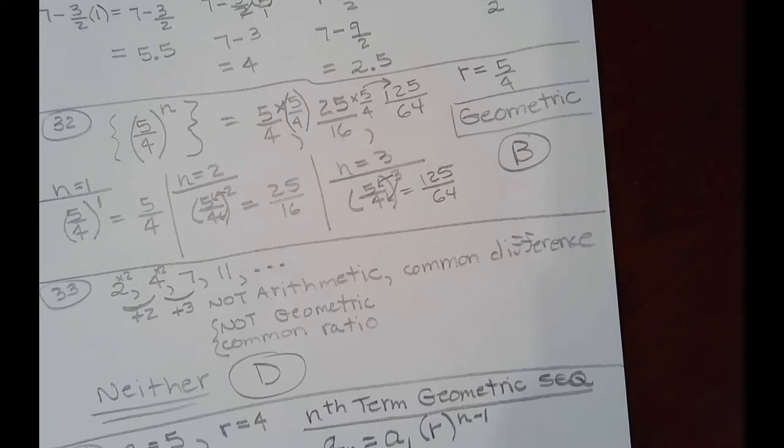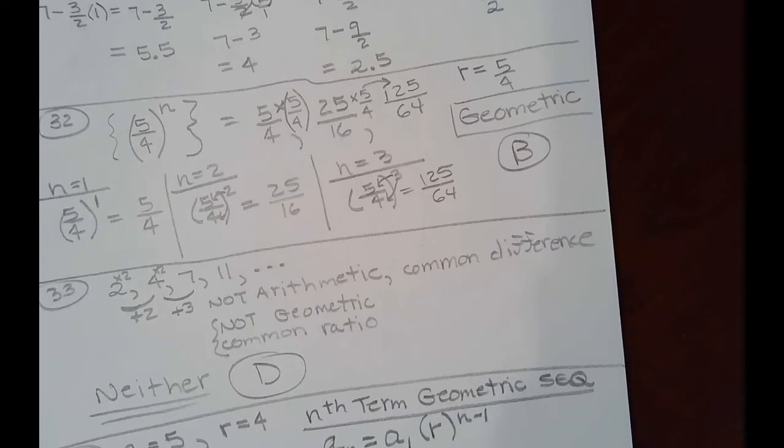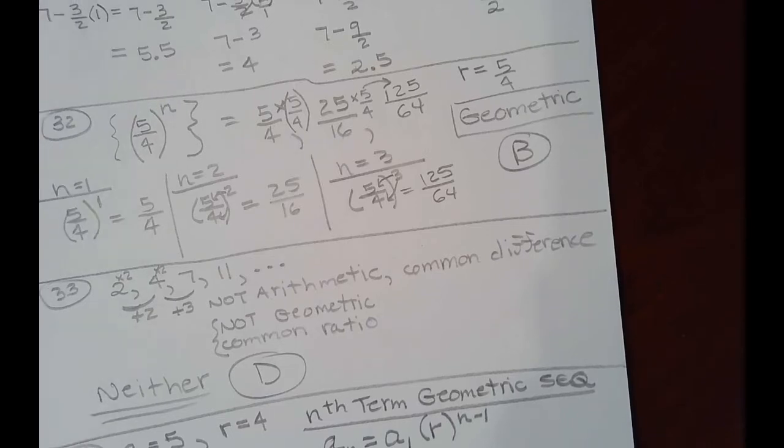Okay, so this is the 5th term. Okay, so of the choices that you have on the practice test, that would have been choice D. It gives you this as the 5th term for choice D, and it gives you this formula right here, 5 times 4 raised up to a power of n minus 1 as the nth term. Okay, so that is choice D for number 34.